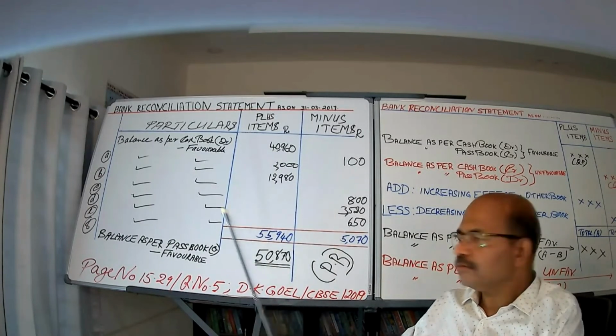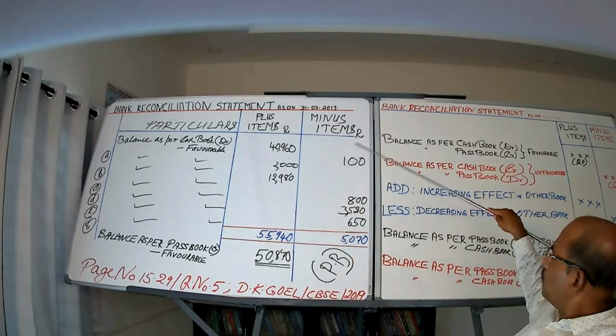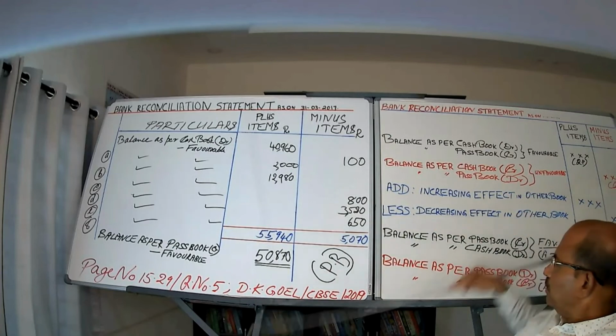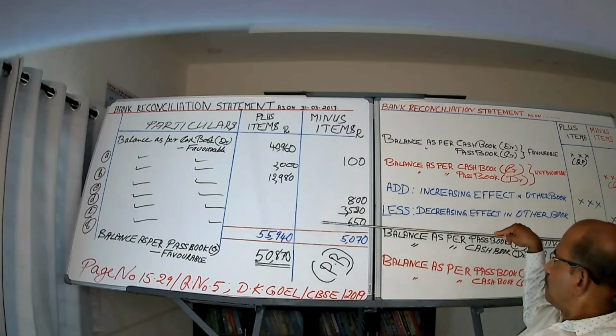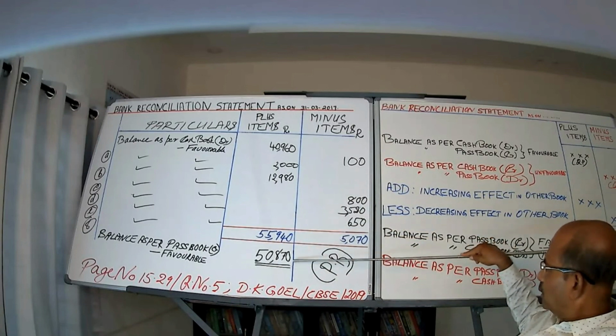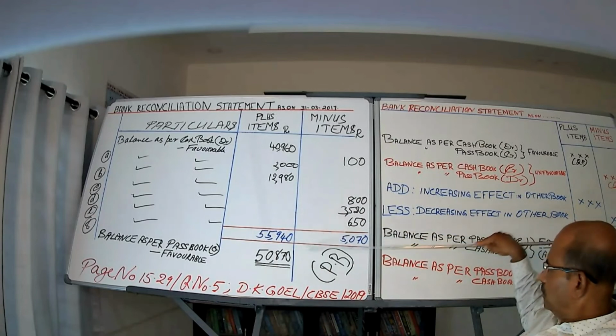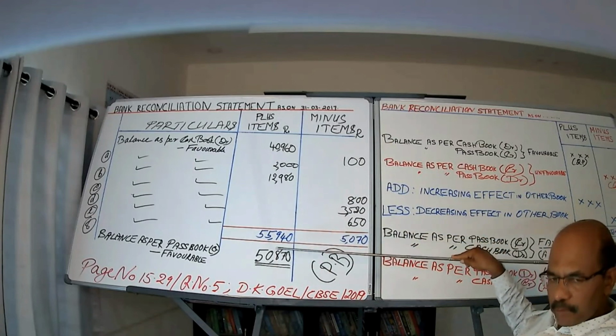Okay. Now simple. Total of everything. I'm getting 55,940 as the total of the plus side. The total of the minus side I'm getting is 5,070. Plus total is more to the extent of 50,870, or this minus this is 50,870. Plus items are more, so obviously it's a favorable balance.